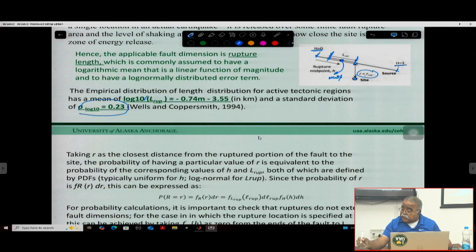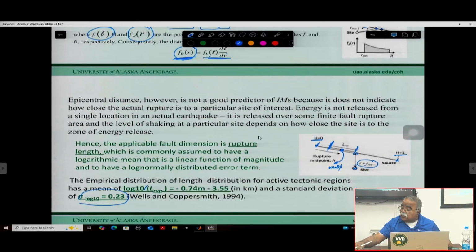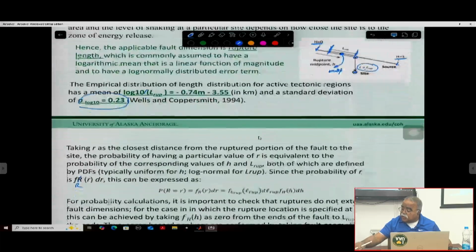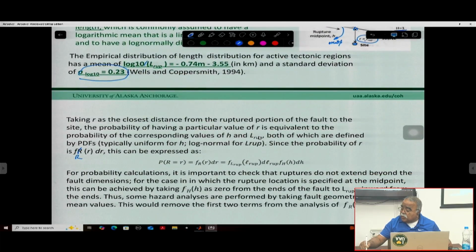So the probability, I should write it, FR(r), this is F suffix R, r dr, can be calculated as, suppose, here, FR(r)dr equals FL(l)dl, right? So that is what we are trying to calculate: the probability when R is equal to r, right? So that is what it is, the probability density multiplied by dr. So that is your total probability.